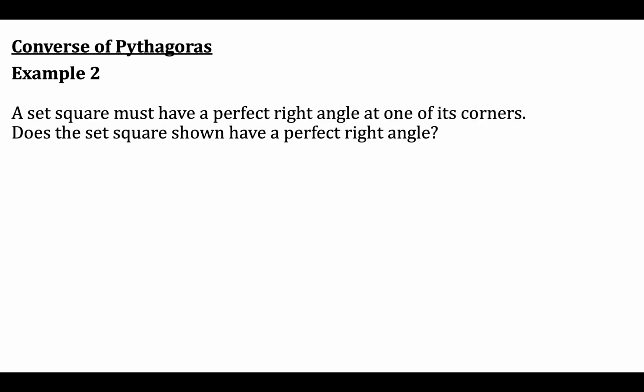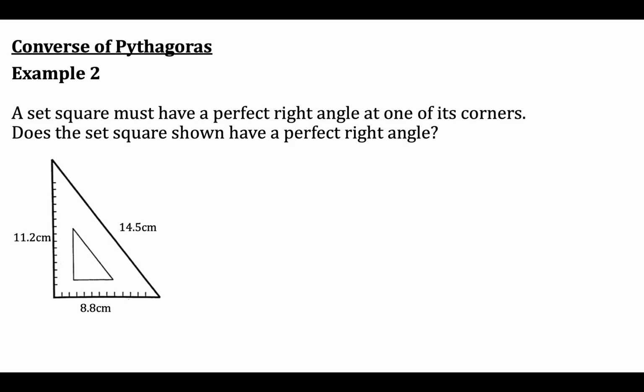Let's have a look at the second example, which is one in context this time. So a set square must have a perfect right angle at one of its corners. Does the set square shown have a perfect right angle? So we can see we've got a set square here, we've got this triangle, it's got the three sides and they're all joined at the corners.